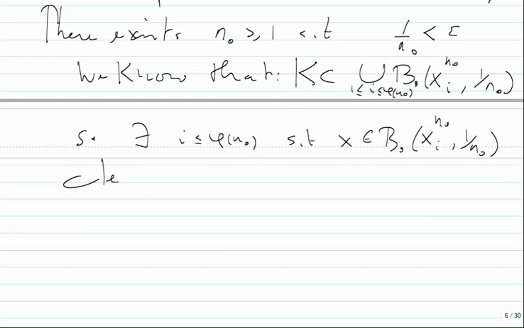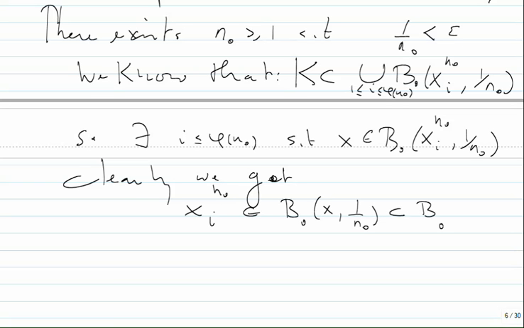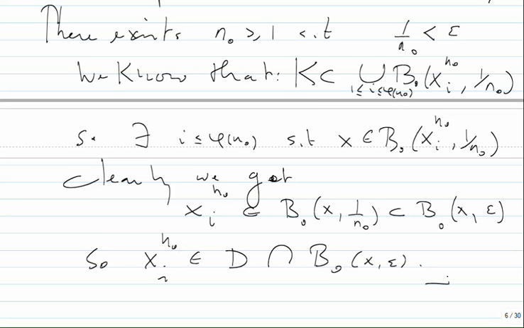Clearly, we got x_n0,i in the open ball B(x, 1/n0), so x_n0,i belongs to D intersect the open ball B(x, epsilon), which proves what we wanted. So a compact metric space is totally bounded, therefore it is a separable set.